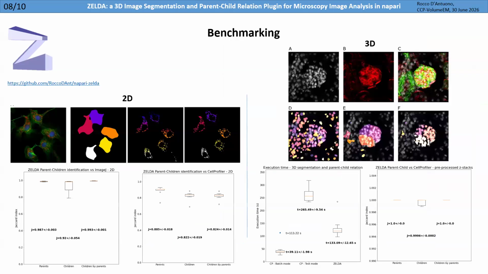I tried to benchmark this software in terms of what was the mask that was produced. I've done it, for example, in 2D, trying to compare it with ImageJ and CellProfiler. And I've also tried to measure the execution time. Of course, here we are not comparing software that works in the same way.